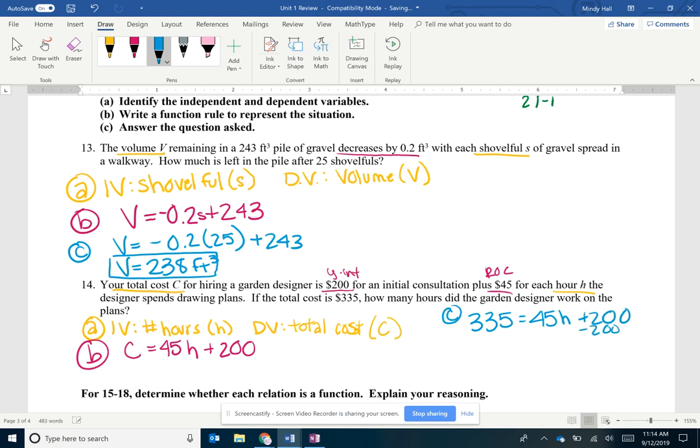We subtract that $200 initial fee. 335 minus 200 is 135. Then we divide by 45. 135 divided by 45 is 3. So that designer took 3 hours to design your garden.